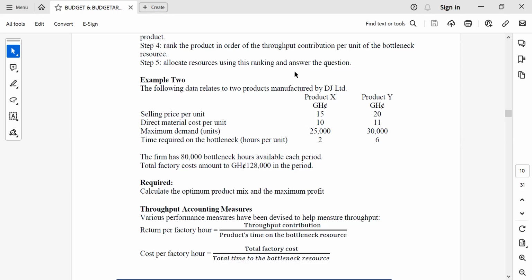Okay, let's see whether there will actually be an issue with the hours available. If you want to produce all the units of product X, what will be the total hours that we'll be using?